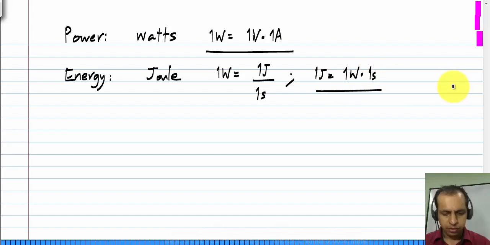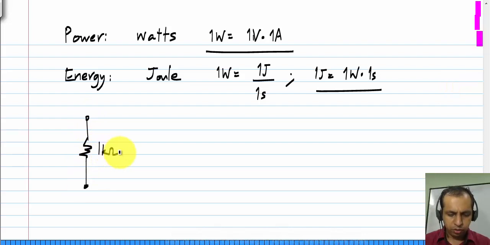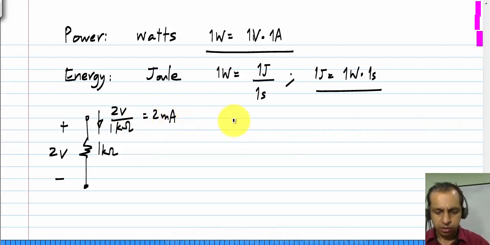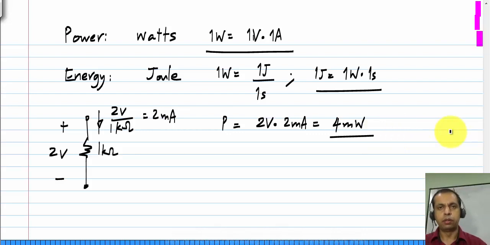Okay. Now, let us consider a simple case. We have a 1 kilo ohm resistor with 2 volts across it. By Ohm's law, we know that the current is 2 volt divided by 1 kilo ohm, which is 2 milliamp. So, the power dissipated in this when 2 volts is across the resistor is 2 volts times 2 milliamps, which is 4 milliwatts. Okay.